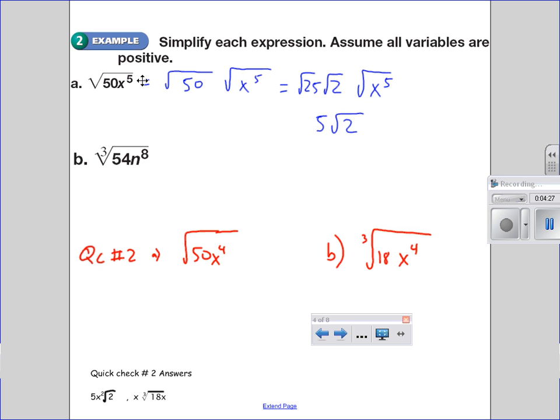Well, 5 divided by, what's my index again? Index is 2. So 5 divided by 2 is 2 with a remainder of 1. So x squared comes out, and I'm stuck with the square root of x underneath. My final answer is the 5 outside, the x squared outside, and underneath, square root of 2 times x.